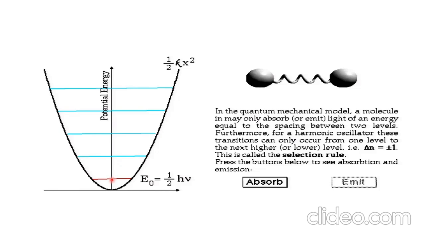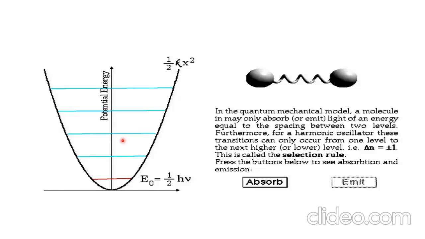If it is in the zero level, it will go to one. If it is in the first level, it should go to second, like that. Even from 2 to 1 or 1 to 0. So it is either plus or minus 1.